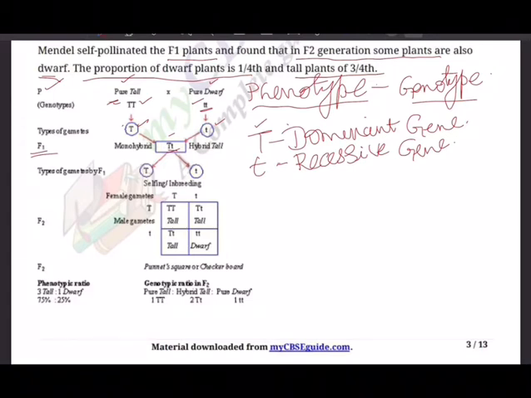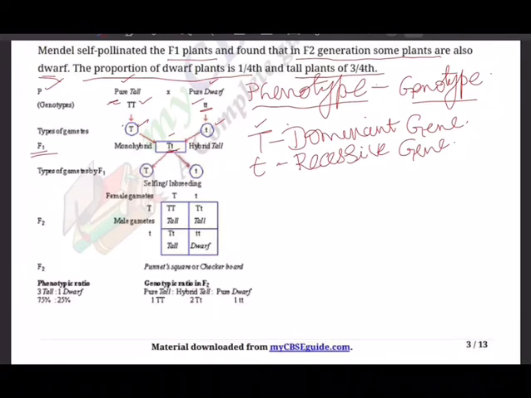But when it is present along with the dominant gene, the recessive gene cannot express, like in the case of F1 generation, capital T, small t. Had the recessive gene expressed, the possibility that I told you, 1 meter tall plant and 0.5 dwarf plant, 1 plus 0.5, 1.5 divided by 2, it should have become 0.75.